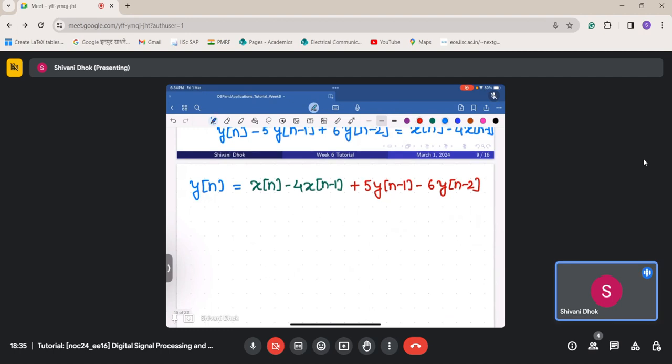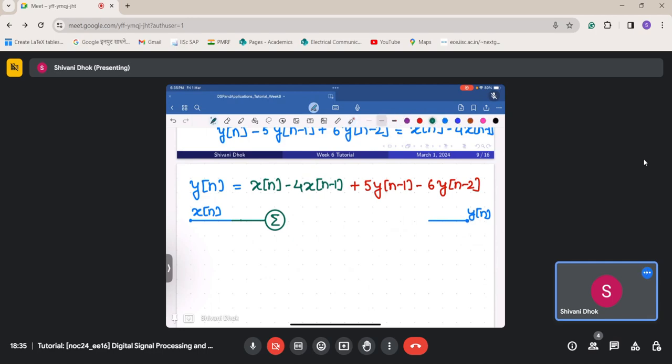For realizing that system, we have this input x of n and the output y of n, and everything happens between these two quantities. The x of n is taken as it is, and it gets added with the quantity minus 4 times x of n minus 1.